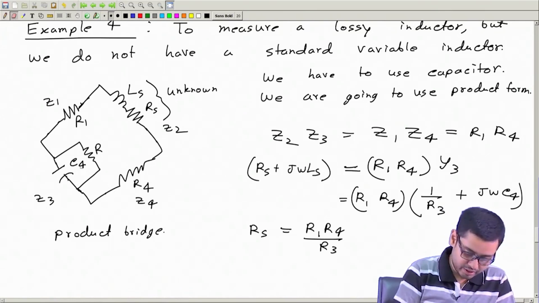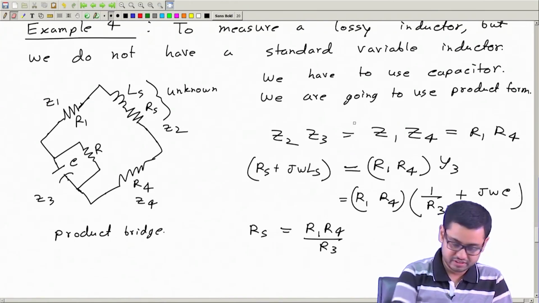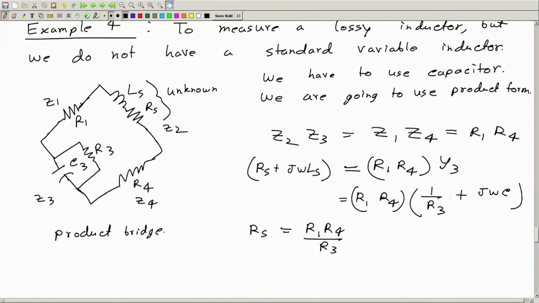So R1 R4 divided by R3, this part is RS, and J omega LS, imaginary part, we can write here, we have R1 R4 multiplied by J omega C3. So R1 R4 C3, J omega cancels. So you see, once again we can find the balance equation just in 2 lines.